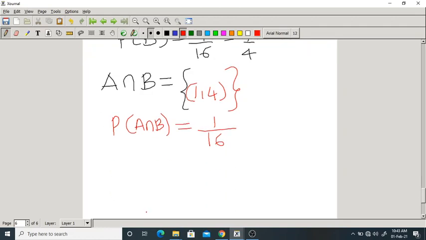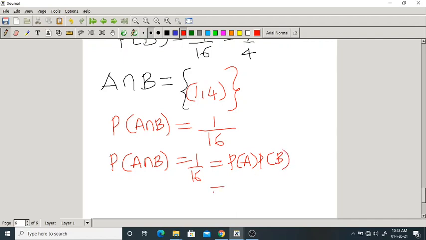Now, let us verify. The probability of A intersection B equals 1 by 16, that is also equal to the probability of A into the probability of B. What is the probability of A? 1 by 4. What is the probability of B? Also 1 by 4. That is also 1 by 16.